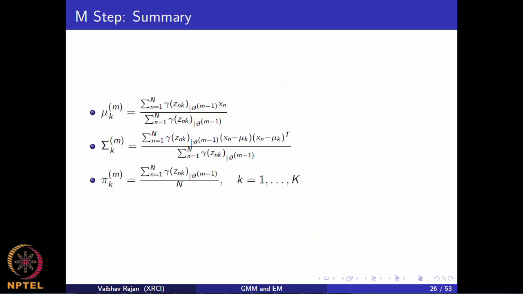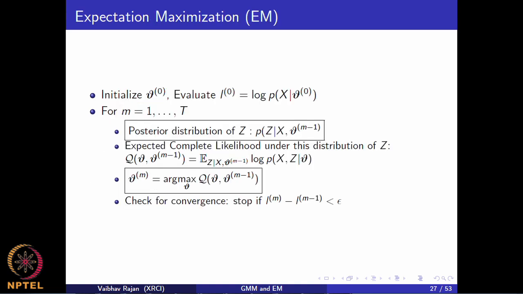We essentially got back the same formulas for mu k, sigma k and pi k that we had guessed earlier, assuming that we know the responsibilities. So, the general EM algorithm is this: guess the posterior distribution of the hidden data or the latent variables, and then refine your guess by maximizing the Q function, which is the expectation of the complete data likelihood under the distribution of Z with your current guess.